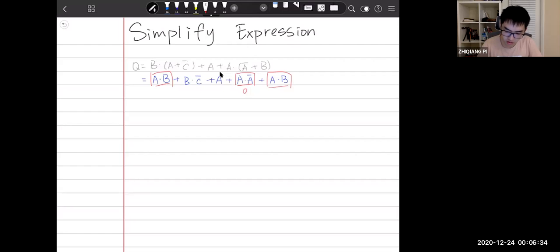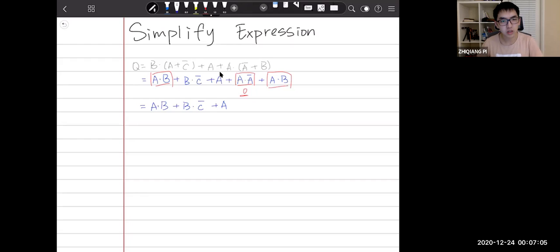And note that since zero or anything is whatever that anything is, the zero just is gone, right? So by simplifying this, we get A and B, or B and not C, or A, and that's it.